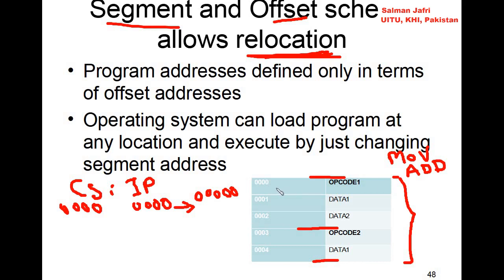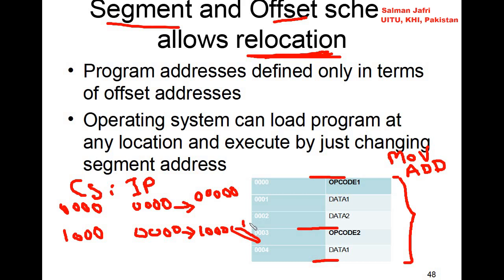Now let's say we have the same offset addresses. The program begins with the same offset address, so this offset address would remain the same, but now our segment address has changed to 1000H. So what would the physical address be? Quickly, 1000 times 10H, 10,000 plus 0000H, it would be 10,000.